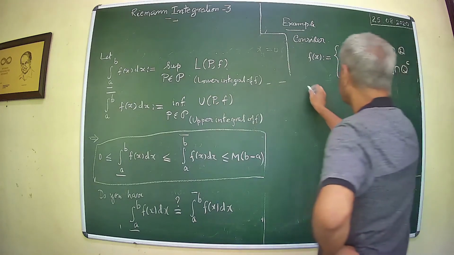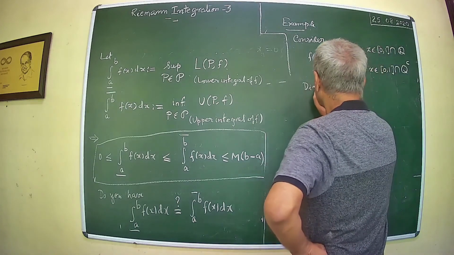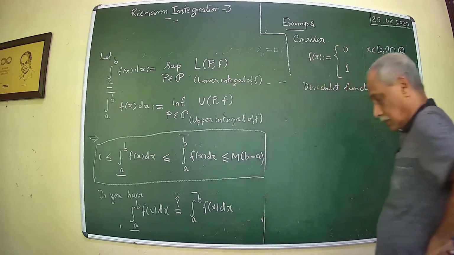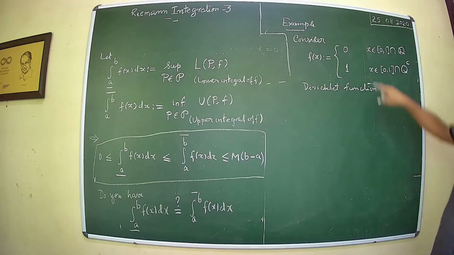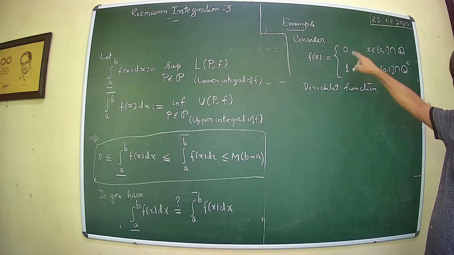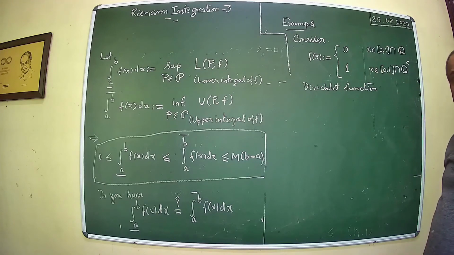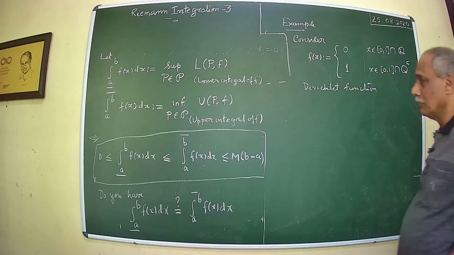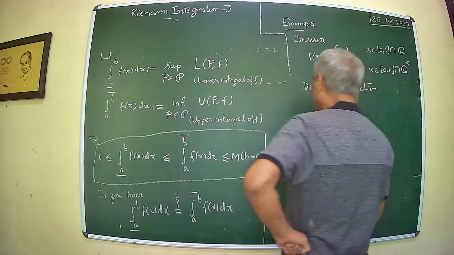Now this is the famous Dirichlet function. Now you compute the upper sum and lower sum corresponding to this. If you compute the upper sum, you get the following.